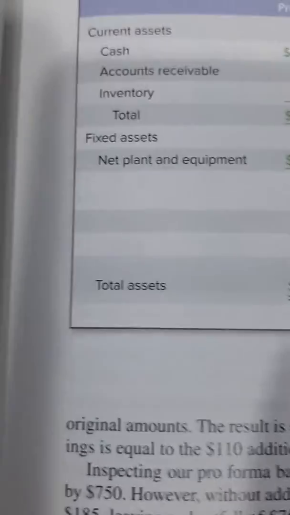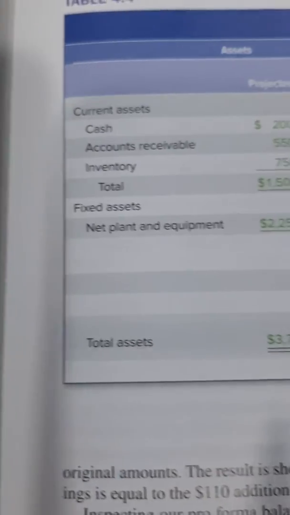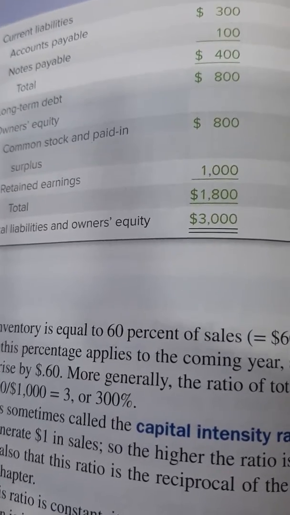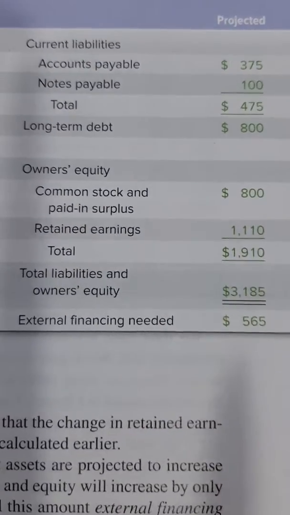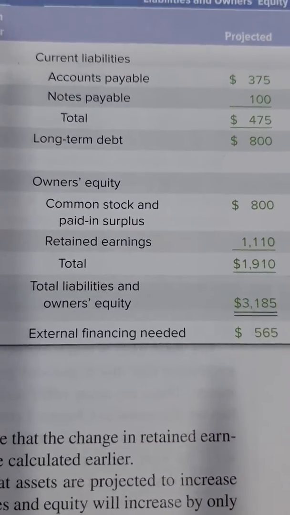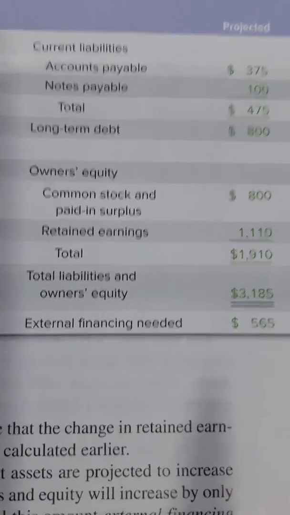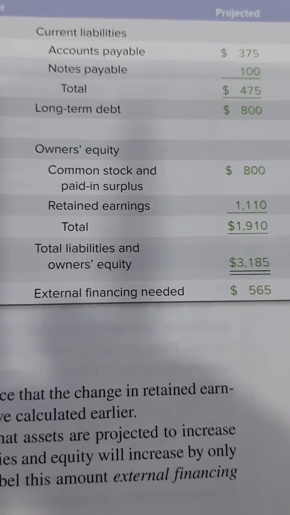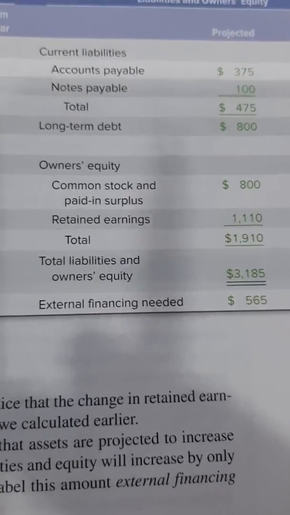Okay, what about retained earnings? Listen carefully. Here, the original retained earnings is 1000, but the new retained earnings, or the pro forma retained earnings, is 1110. Okay, where do we get this increase of 110 in retained earnings? Remember just now, you turn back to page 99.